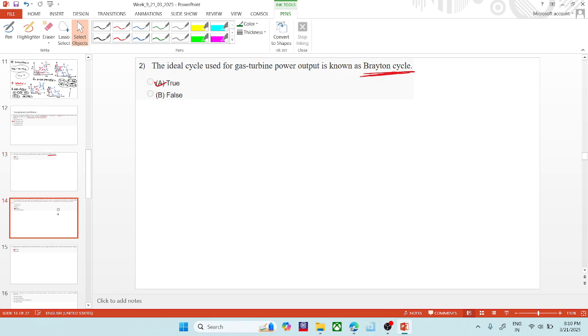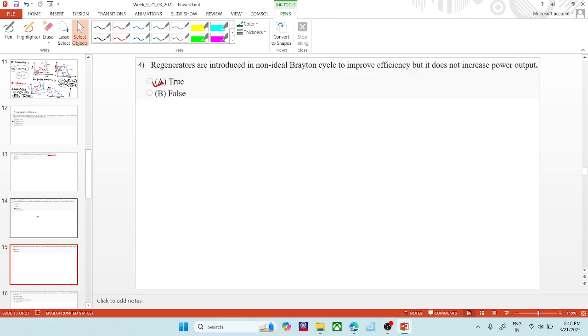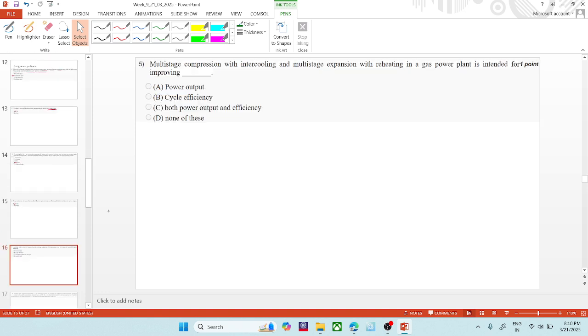Next is the multi-stage compression with intercooling and multi-stage expansion with reheating in a gas power plant, which is intended only to increase the output power. The cycle efficiency is not increased in the multi-stage expansion with reheating and intercooling.